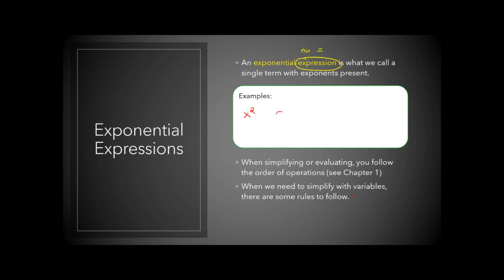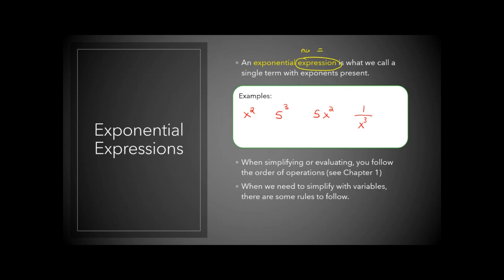You could have things with numbers like 5 cubed, or a combination of those, like 5x squared. As long as there is an exponent somewhere, then it's an exponential expression. And you can even have exponents in the denominator of a fraction, like 1 over x cubed. It doesn't matter where the exponent is or if there are other things involved. The exponent is the key to knowing whether it's one or not.